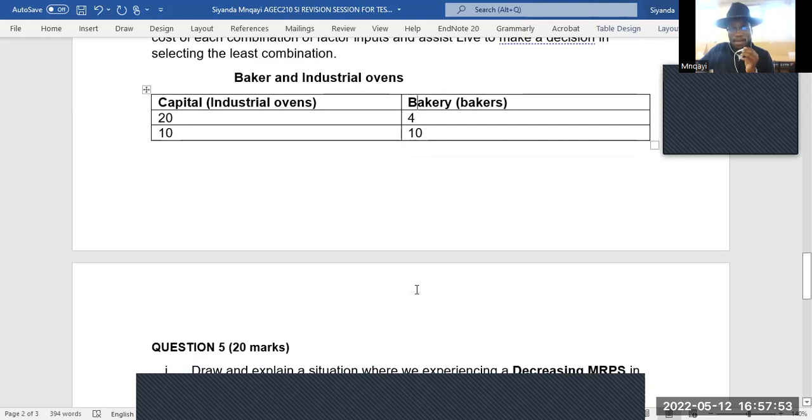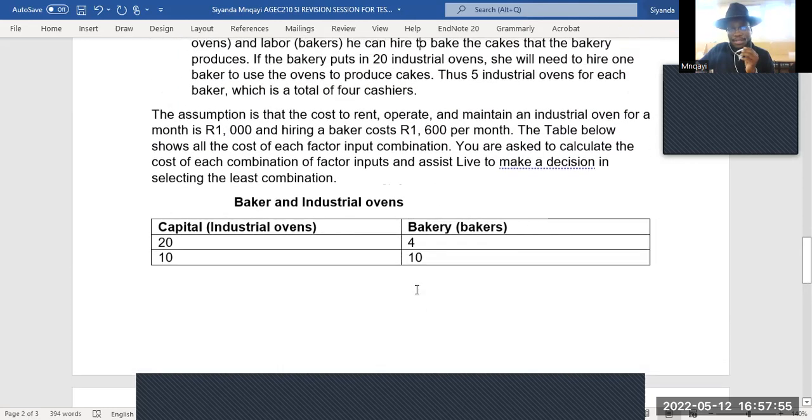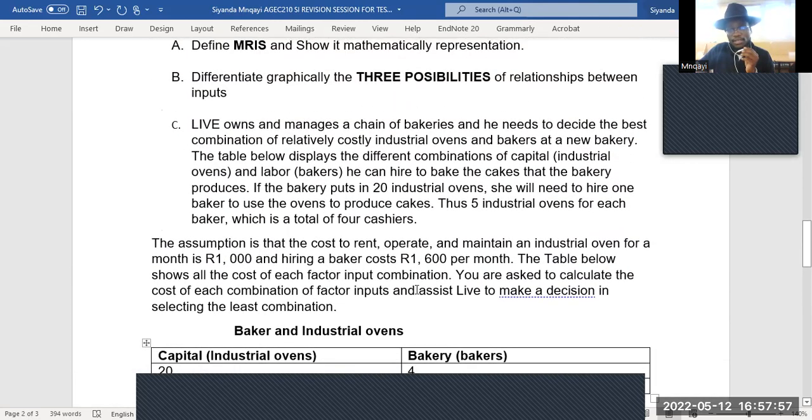This is how the question usually comes out, and it could come in any problem. You saw the problem we dealt with of the fruits, and now it's coming in the case of the bakeries and industrial ovens.